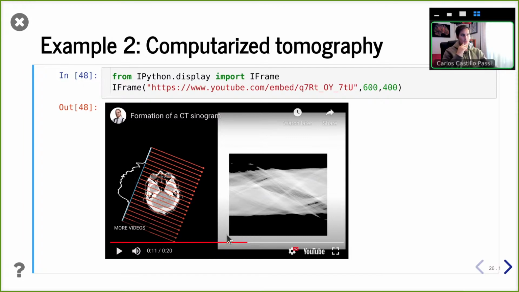So in each column, you have the projection of the 2D image, or the summation of all the pixels that go along each of these red lines. For example, if the number of rays is equal to 20 here, this result would have 20 pixels by the number of angles you are acquiring.